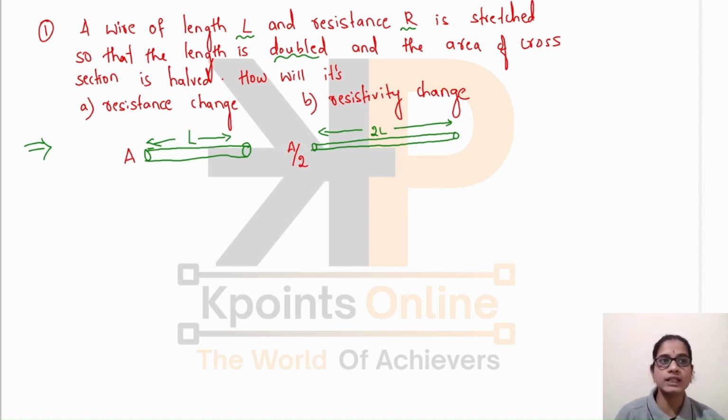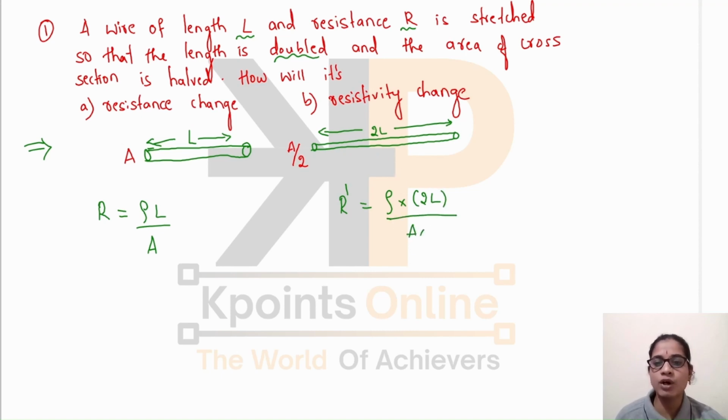Now we have to find out the resistance change here. Let R be the initial resistance of the wire. It is equal to rho L upon A. And once it is stretched, let's see here how the resistance changes. It will be R dash, so that rho, it is a constant, will remain the same. The length is 2 times that of the initial value, so it will be 2L. What about the area?